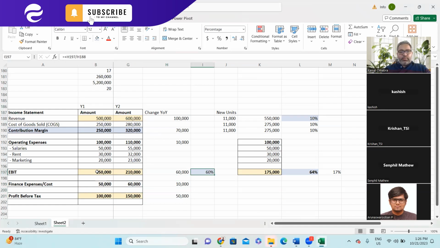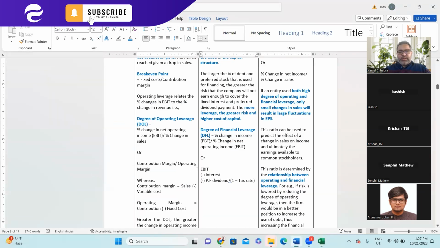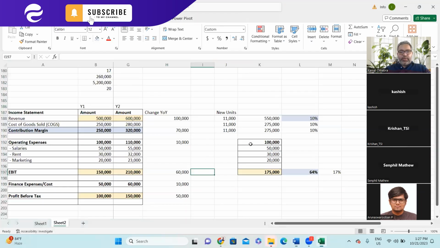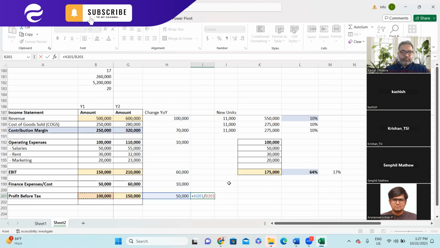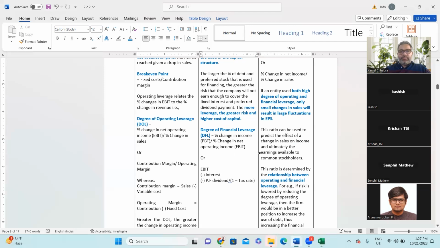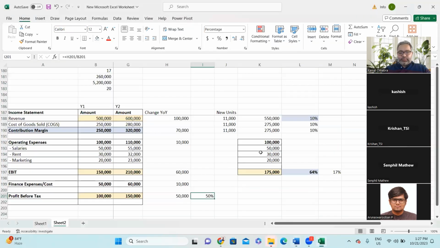So if I just remove this, for financial leverage it is saying percentage change in income. What is the percentage change in income? 50,000 divided by 100,000. That is your percentage change in income, divided by percentage change in EBITDA.